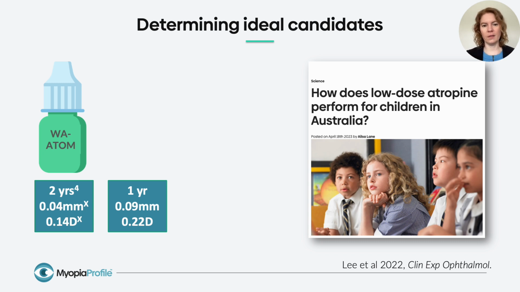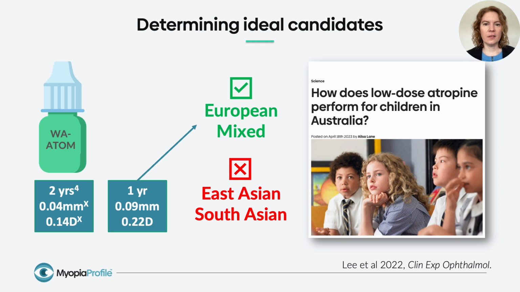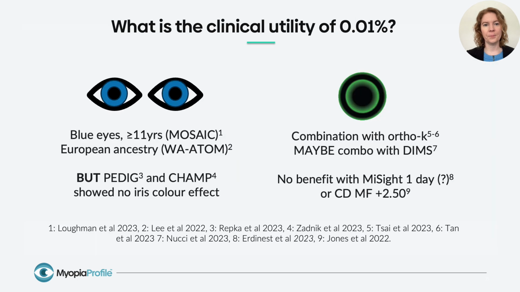Now, analysis by eye color didn't find any differences, but analysis by ethnicity found that there was a significant effect for kids of European or mixed ethnicity. That's hard to say, mixed ethnicity. But for children of East Asian or South Asian ethnicity, there was no significant effect.